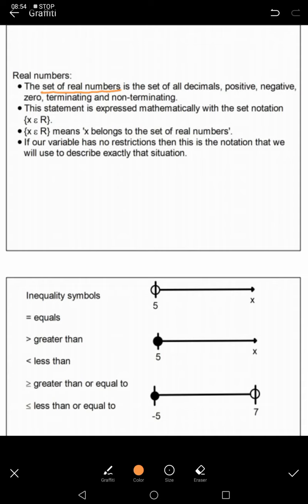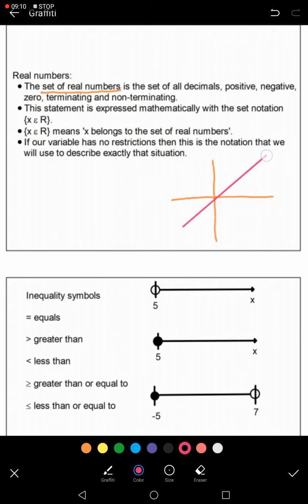For example, we'll look into some examples, but if we have a line, pretend it has arrows on the end, or actually maybe I can draw some arrows on the end. Arrow, arrow. So this line is just going to keep going up and down. It's just going to continue going.